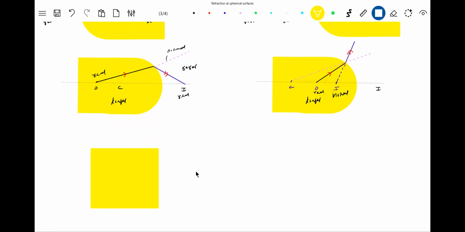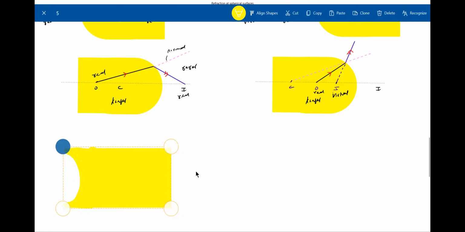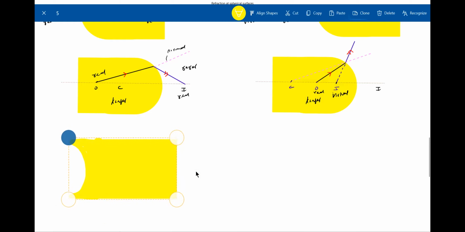Geometrical shape, little bit difficult to construct. Yeah, I'll need some rough diagram.